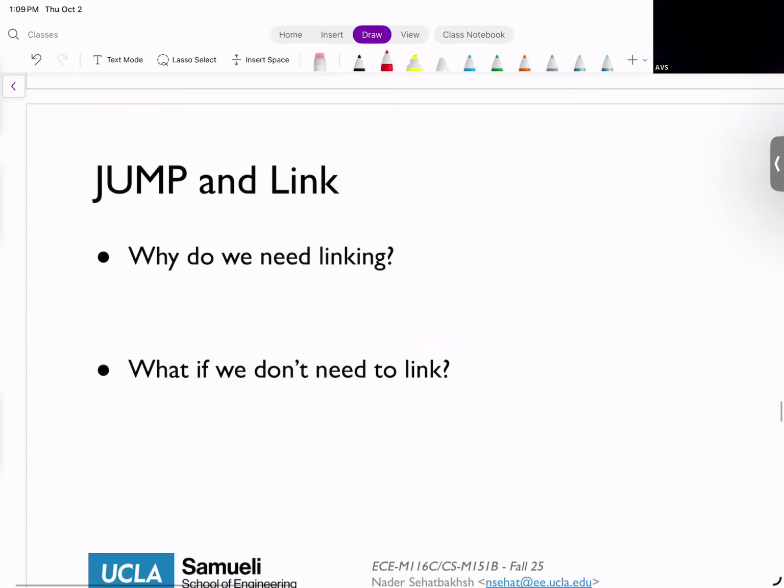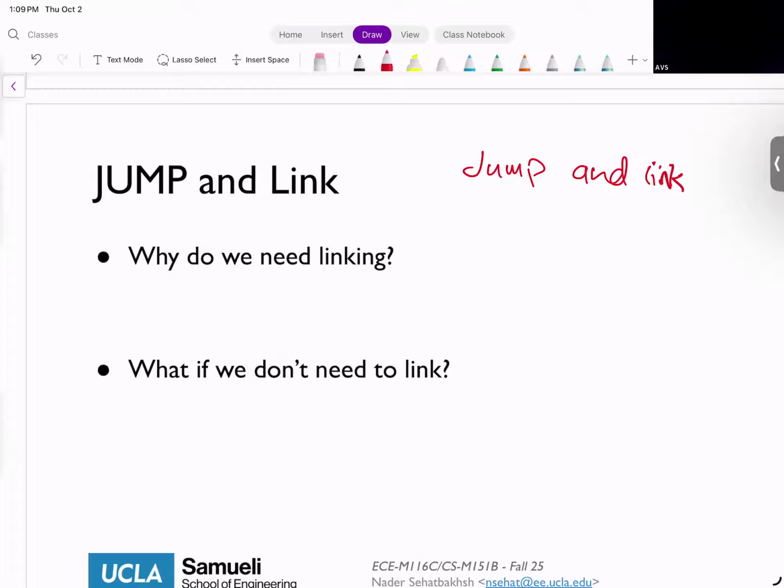All right, so there's another thing that is specific to RISC-V, and that's the linking operation, okay? RISC-V uses this thing called jump and link. The jump part is regular, as you have learned before. This is basically changing the PC.